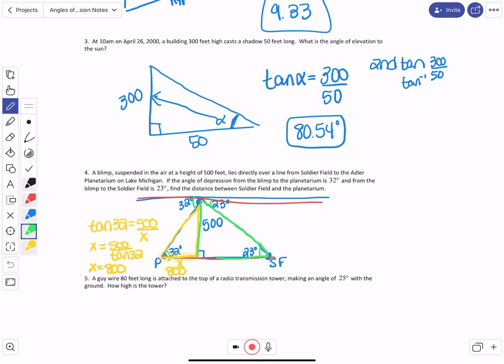All right. Now let's do this triangle. Same thing. We're going to do tangent again. We're going to do the tangent of 23. Opposite is 500, and we're going to call this x, okay? So once again, x is on the bottom, so they have to switch places. So x equals 500 over tangent of 23, okay?